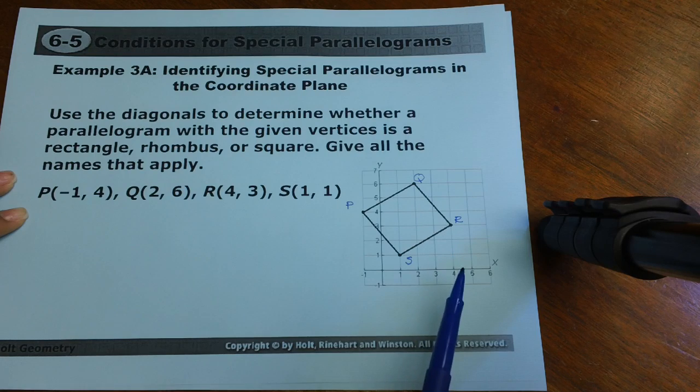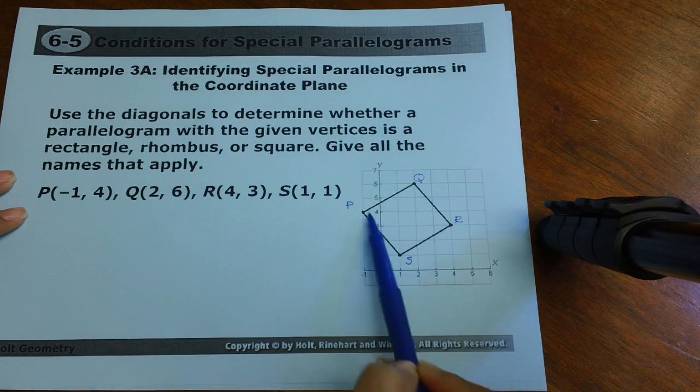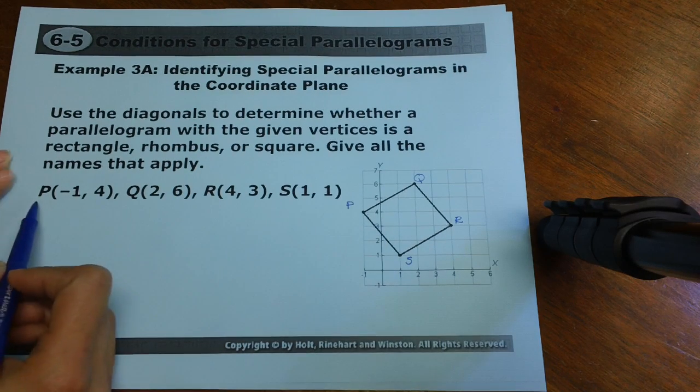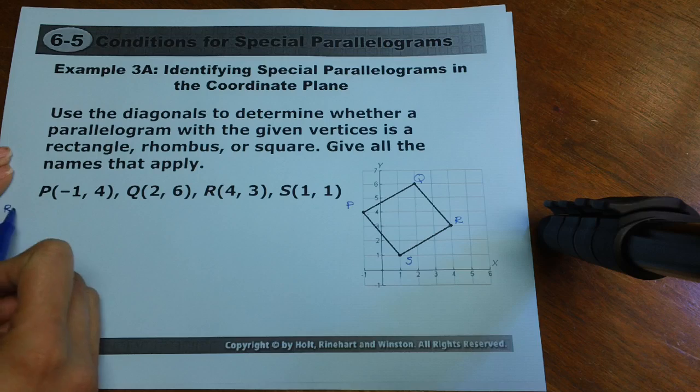Alright, so we're going to start by checking to see if this is a rectangle. In order to see if it's a rectangle, I need to know that the diagonals are congruent. So I'm going to use the distance formula, and I'm going to check PR.